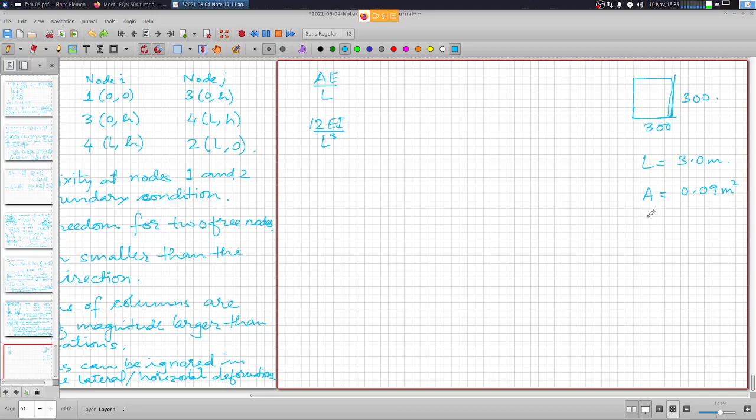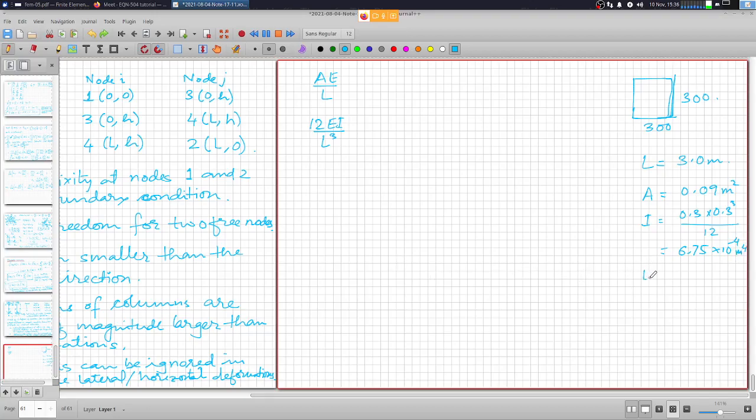and I is going to be 0.3 multiplied by 0.3 cube divided by 12. So that is equal to 6.75 into 10 to the power minus 4 meter to the power 4.